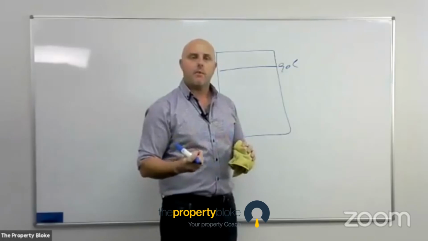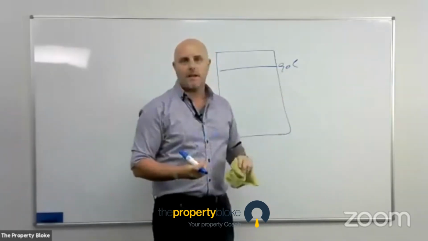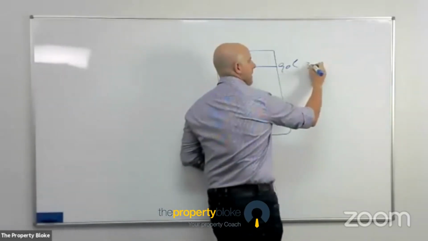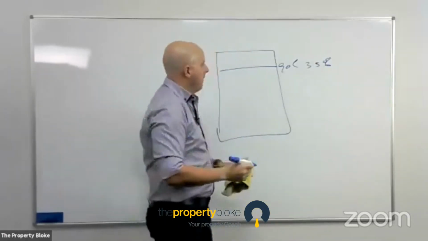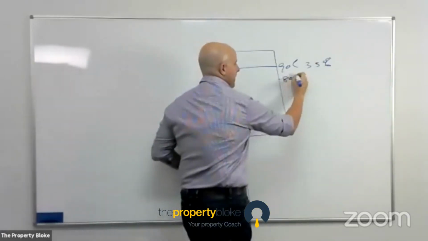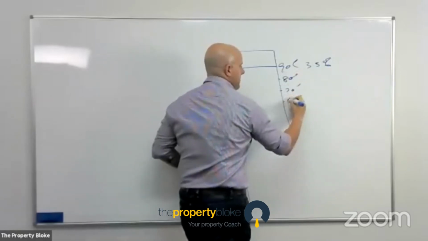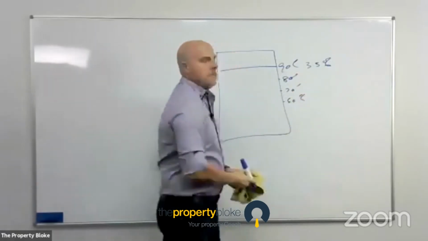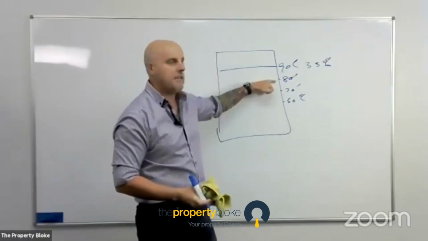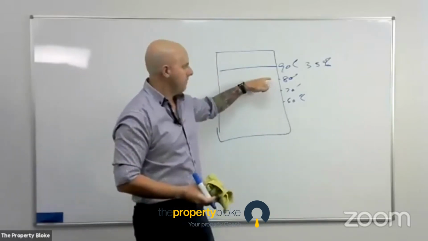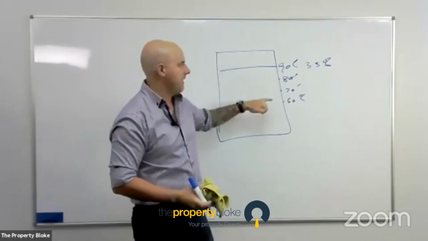Say, for example, we went interest only at 90%, you might pay in today's market 3.5%, okay? Then as you go down, you've got 80%, 70%, and normally 60% is the bottom. Some banks tier them right down to 60%, and some banks only tier the rate to 80%. So depending on the bank, they'll see you at a different risk.